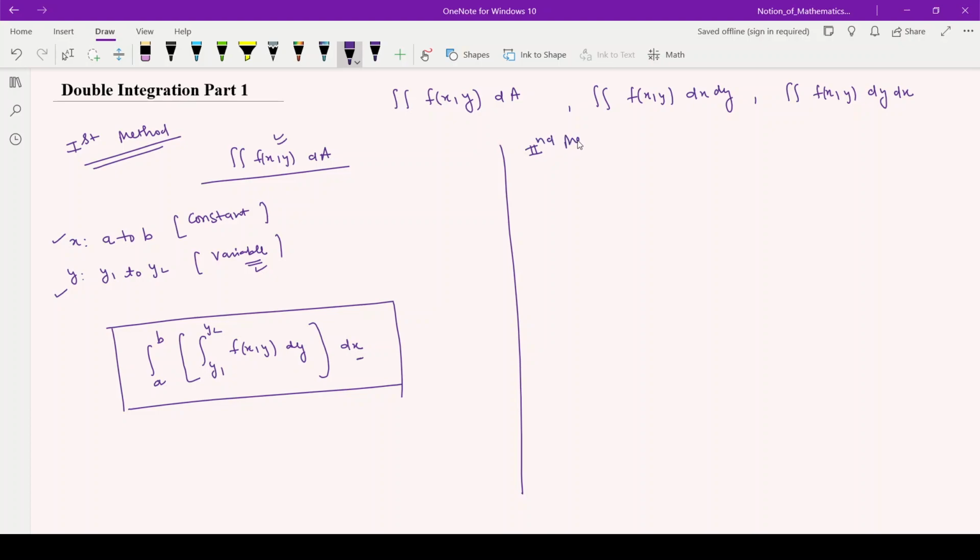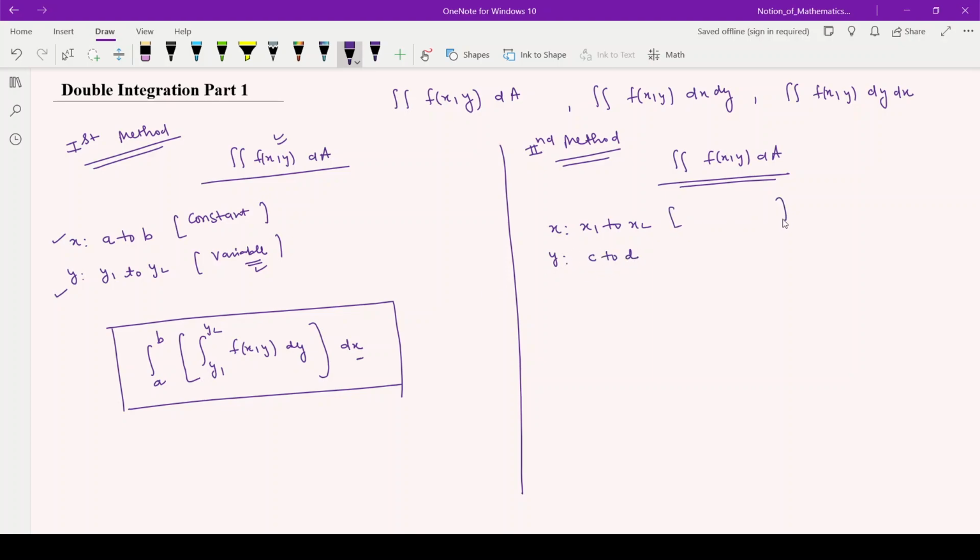Now what is the second method to deal with the concept of double integration? In order to find this double integration f(x,y), now the consideration is that the limit of x is variable, from x1 to x2, and the limit of y is constant, from c to d.